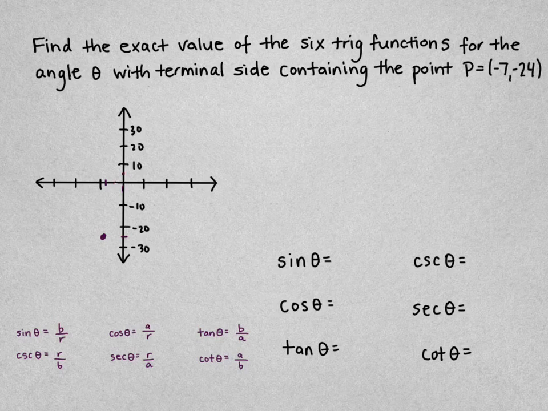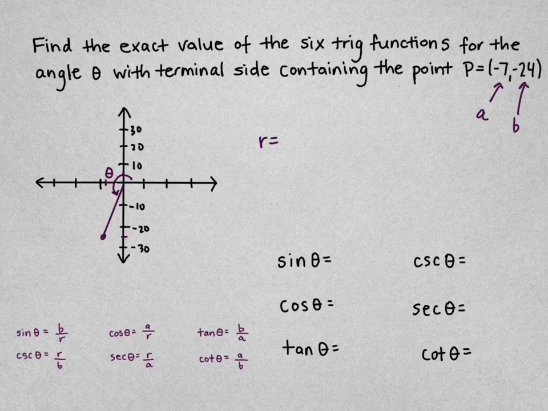Now we're going to draw a line from the origin to this point, and our angle theta of concern is going to be right here. Okay, and we just want to find the 6 trig functions for this angle. So once again, A is -7, and B is -24. So we just need to find the value of R.